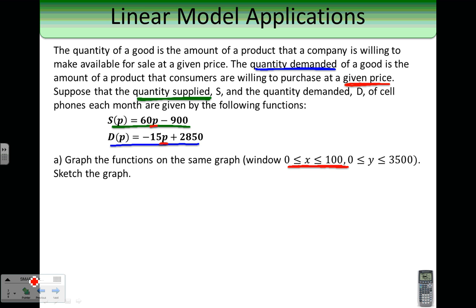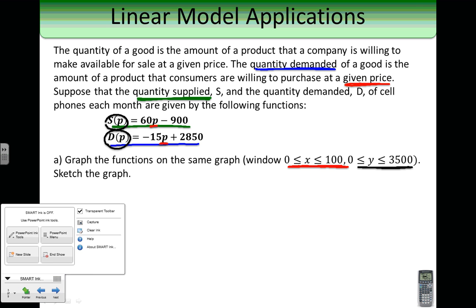So we're going to look at from about 0 to 100, about around what these cell phones might cost. Then our y value is either the supply or it's the demand. So we have supply depends on price and demand also depends on price.